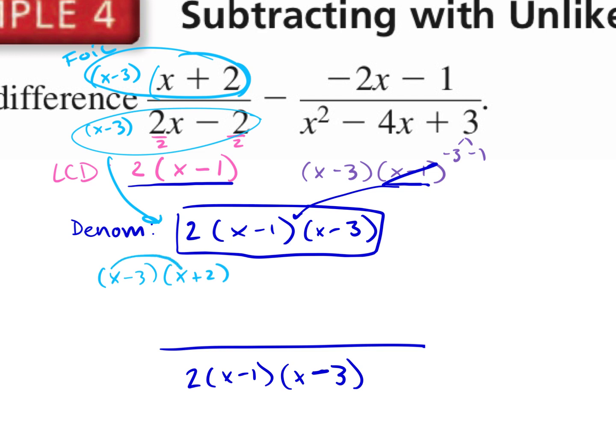So we multiply the first, we get x squared. The outers would be plus 2x. The inners, minus 3x. And then the last would be minus 6. So we're going to come back and combine our like terms in a second. Let's go to the second fraction now.